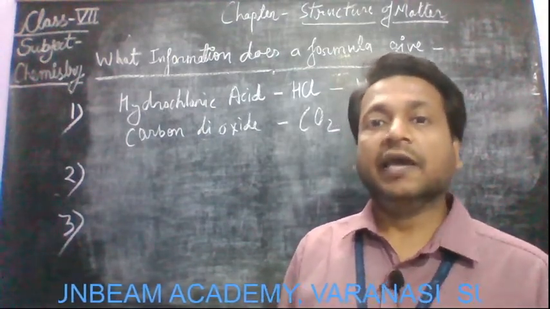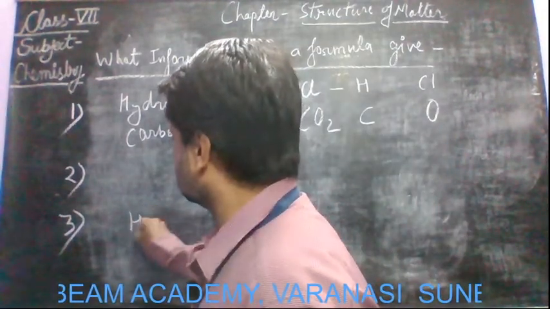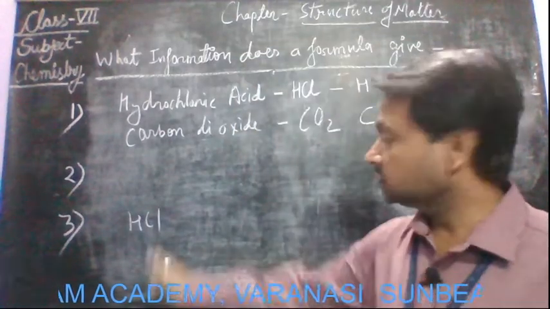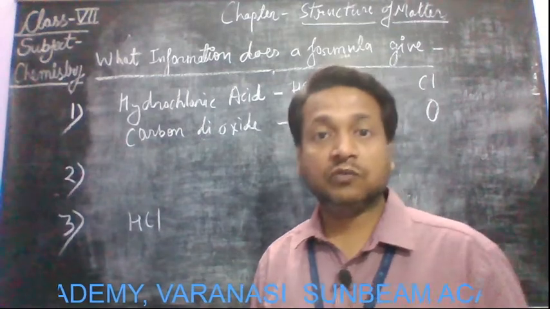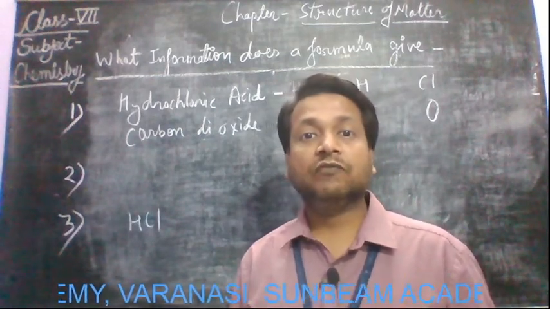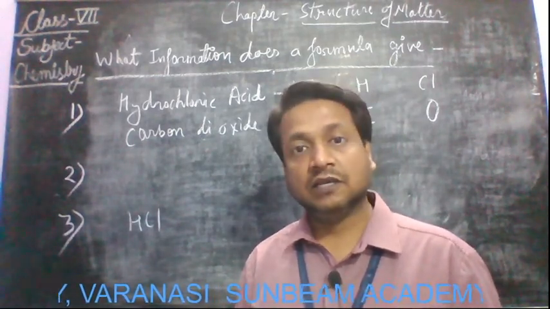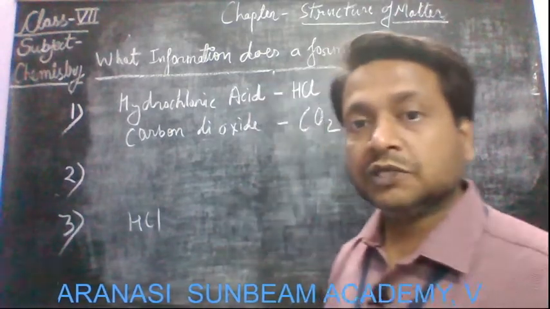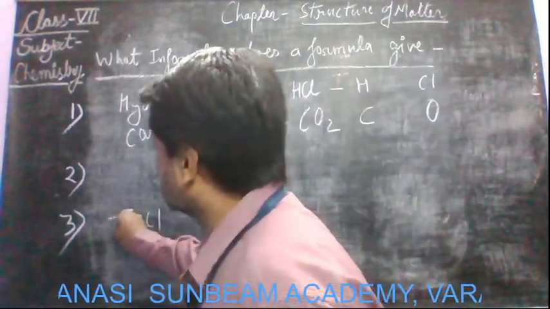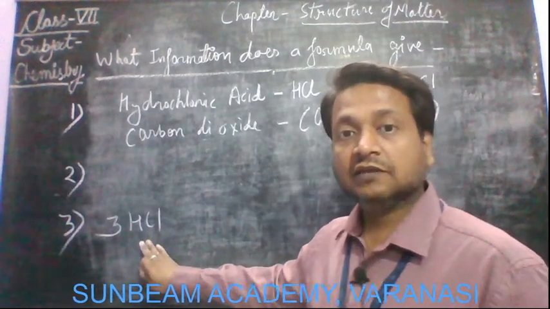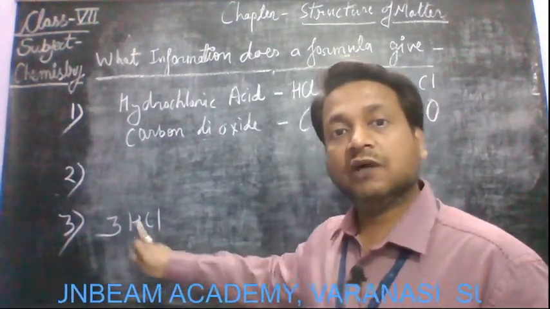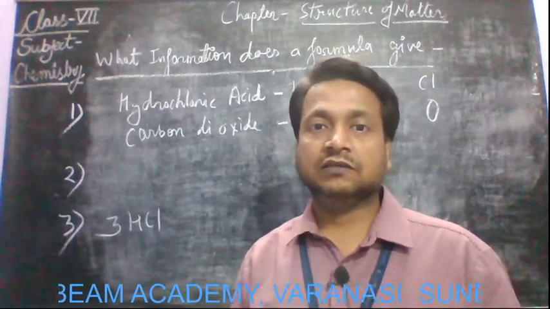For example, if I have written HCl, this indicates one molecule of HCl, because the formula of one molecule of hydrochloric acid is HCl. And if I write 3HCl, this will indicate three molecules of hydrochloric acid.